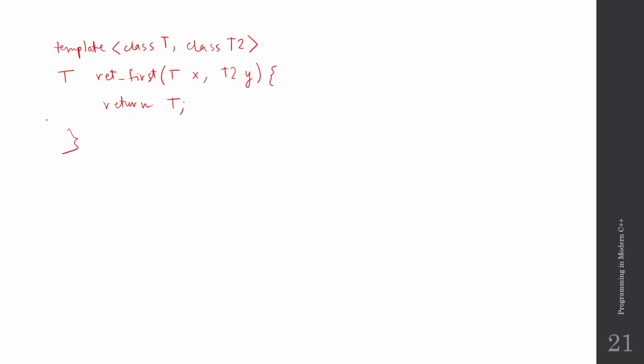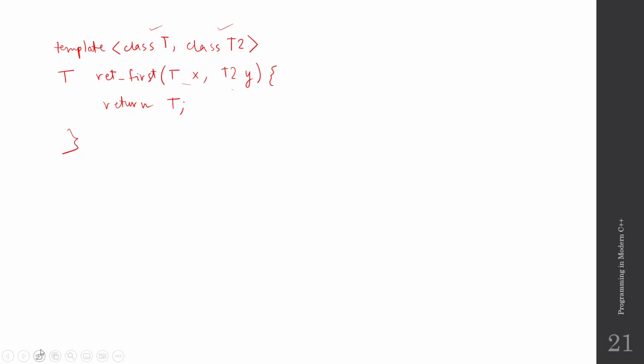So we can have a templated function like this, which has two types, so two template parameters, and in the function body also we are using the two parameters. The first argument is of type T, second argument is of type T2, and this function returns.